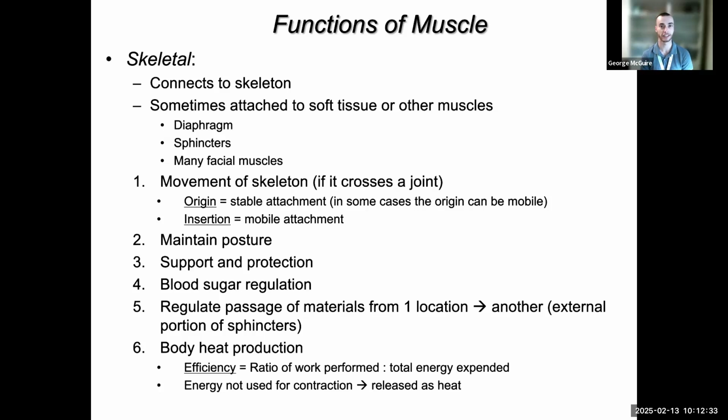And then lastly, our muscles are playing a huge role in our homeostasis through regulating body heat. And if you think about when you get extremely cold, your body starts to shiver. That is just stimulating your muscles, generating some kinetic energy, which is being released as heat, and thus helping to warm up your body and keep it from getting too cold.